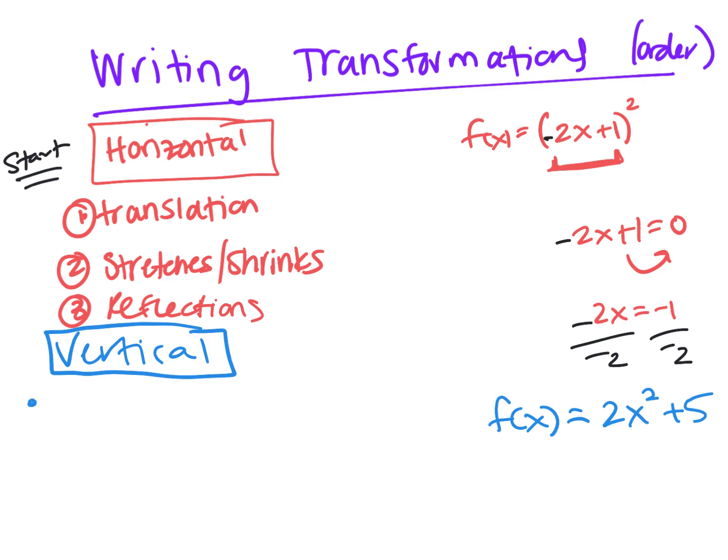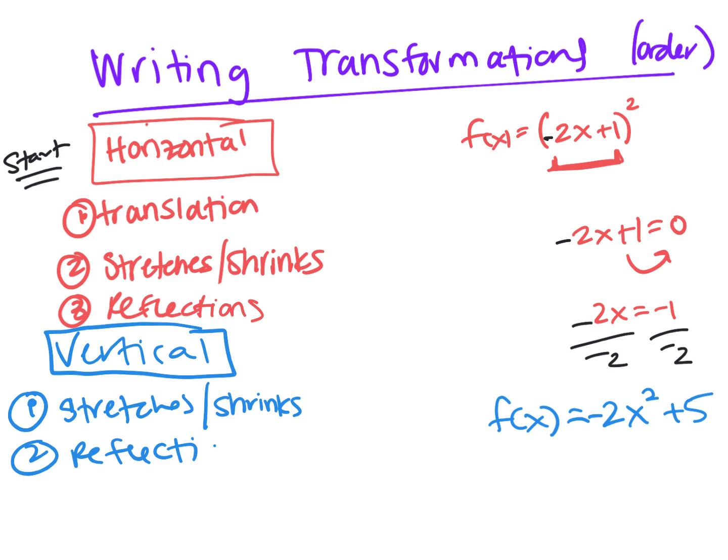So the first thing that we list vertically is going to be stretches or shrinks. Then, if there was a reflection here, reflections. And then the last thing that we'll list are translations. So it's actually sort of the opposite of what we did with horizontal.